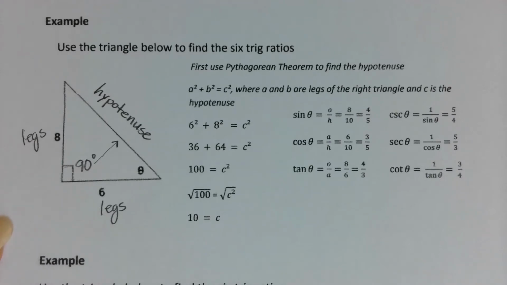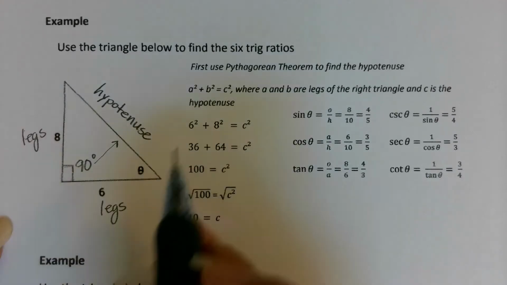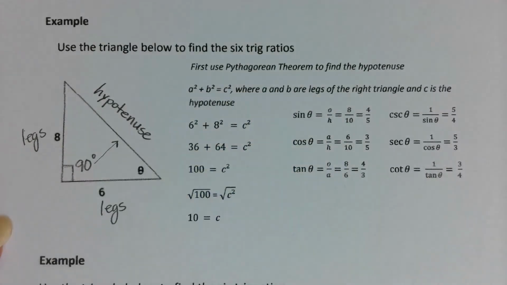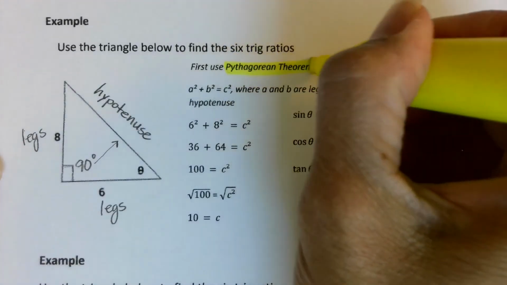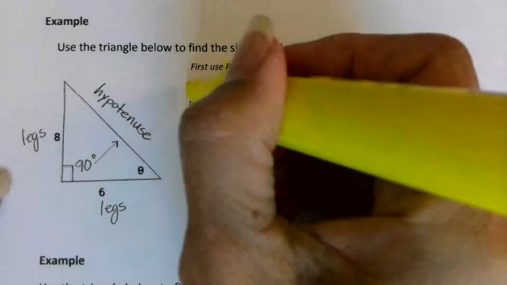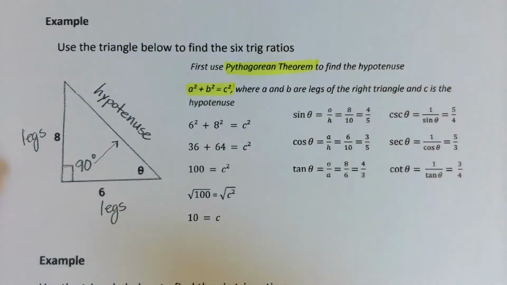Now that we have labeled all of these, let's talk about the Pythagorean theorem. Now, students are always very quick to answer the question when I ask, what is the Pythagorean theorem? And they are very quick to respond, a squared plus b squared equals c squared. But they don't know how to explain exactly what those variables represent.